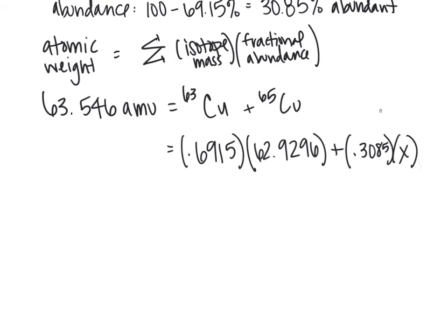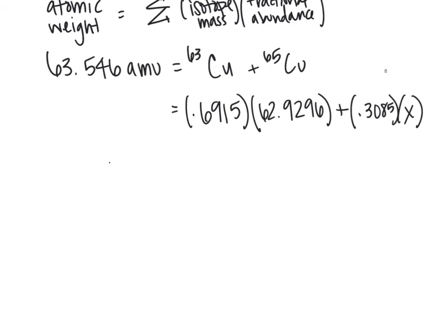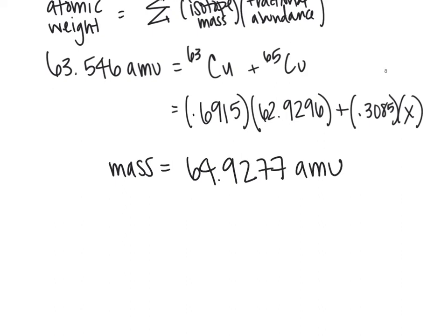So then we can use algebra to solve for x. So in this case, the mass is equal to 64.9277 atomic mass units. And we need to check for our sig figs. So the smallest value we have is 4. And so in this case, we have 64.93 atomic mass units for the weight of the other isotope.